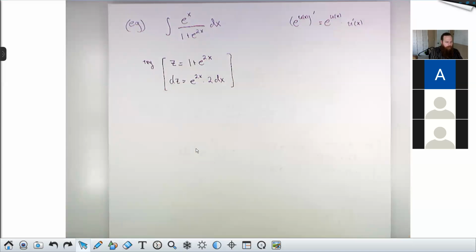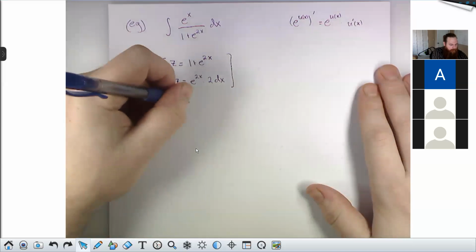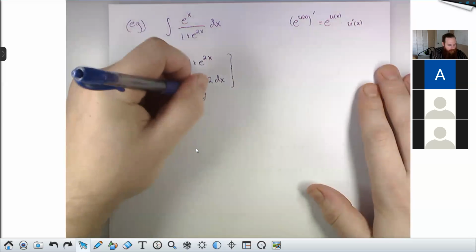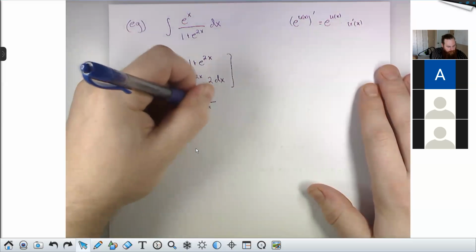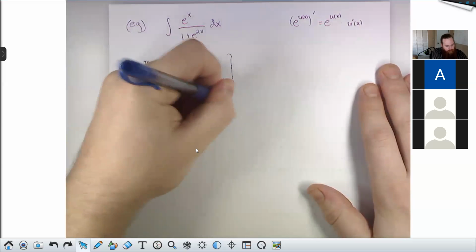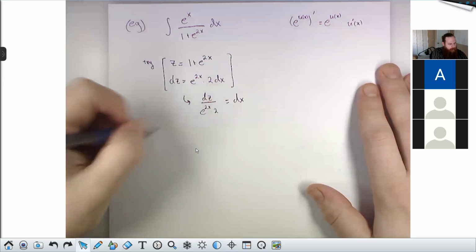And here, if you then solve this for dx, you get dz over e to the 2x times 2 is equal to dx, and you can try to plug that in.